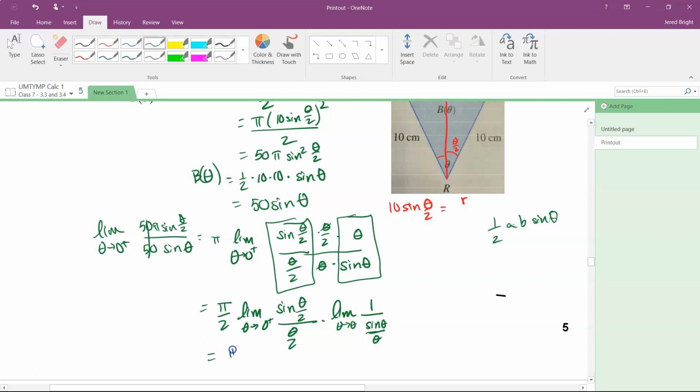Both of these are 1, so you end up with pi over 2 times 1, or pi over 2, and you'd be done. So you found your limit of those two areas.